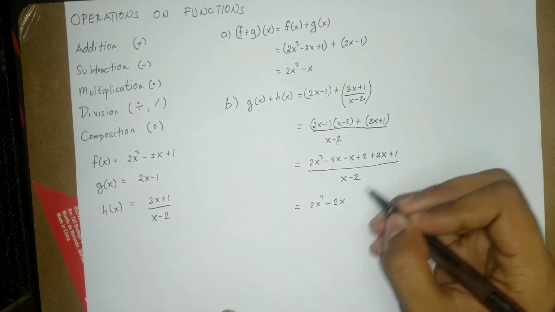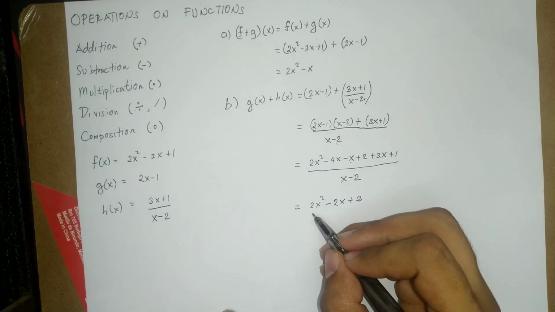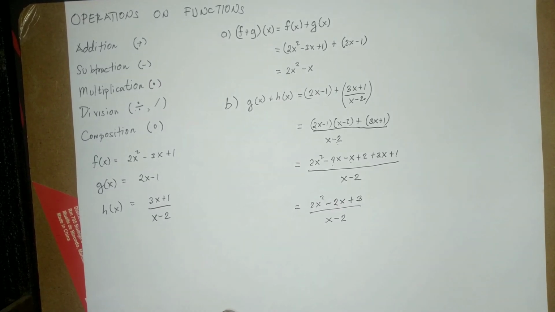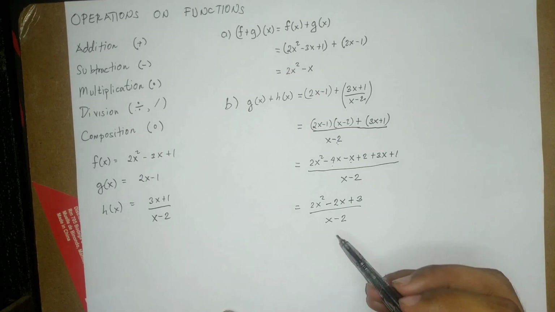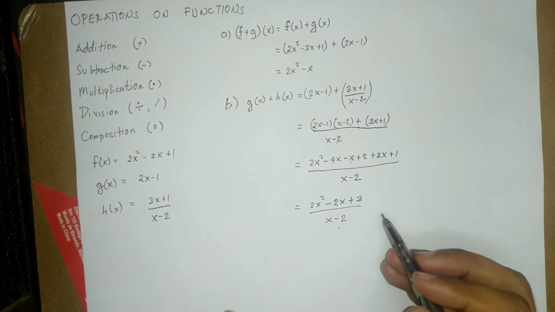So we have minus 2x plus 3 all over x minus 2. In this case, we try first to identify if our numerator is factorable or not. Basically, it's not factorable. So this is already the final answer. We can no longer simplify it.